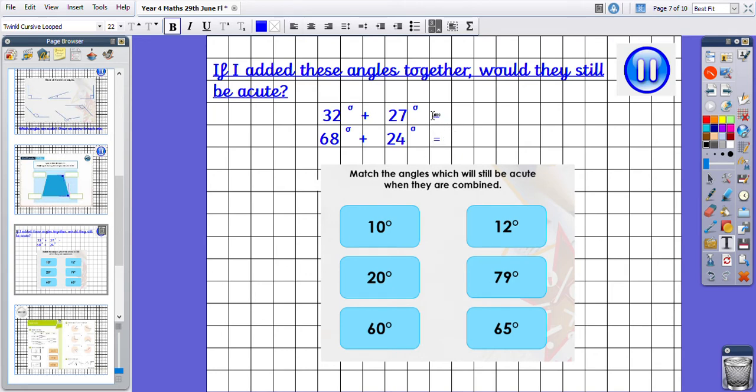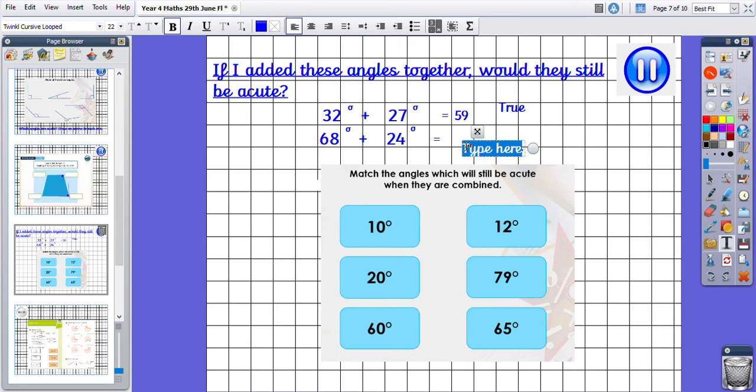So 32 add 27 would be 59. So yes, this would be an acute angle because it's less than 90, and 90 is our important number, it's the right angle.